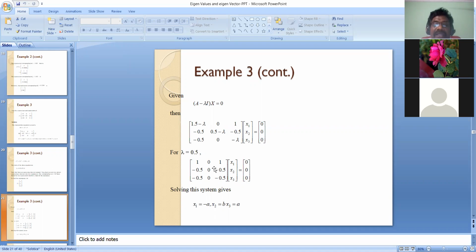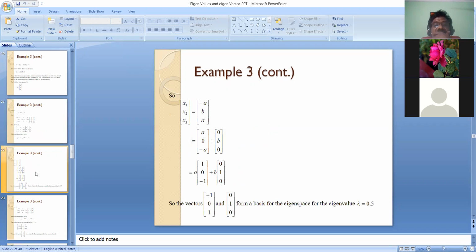If you multiply the second row and third row by 1 by minus 0.5 and replace, we get (1, 0, 1) in every row. So here we don't have an x2 coefficient. That's why x3 equal to A, x2 equal to B, then x1 equal to minus A. This is the eigenvector of the given matrix.